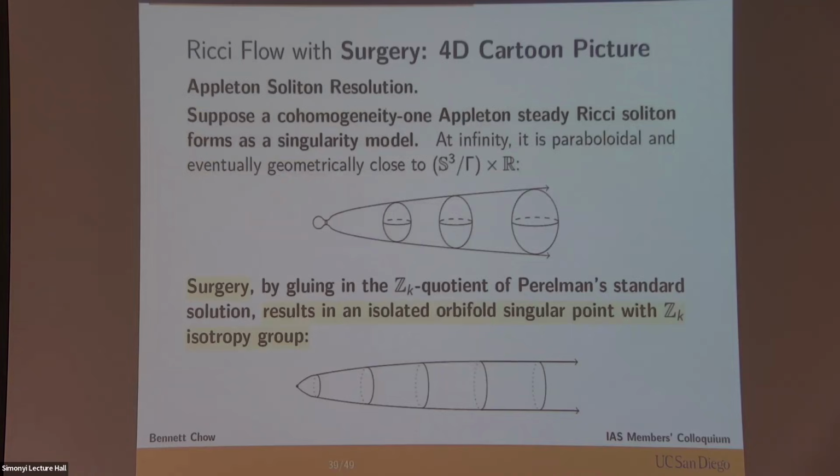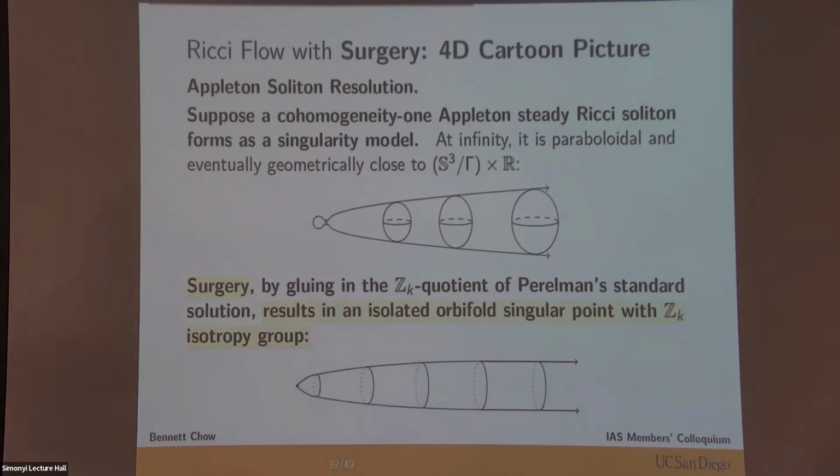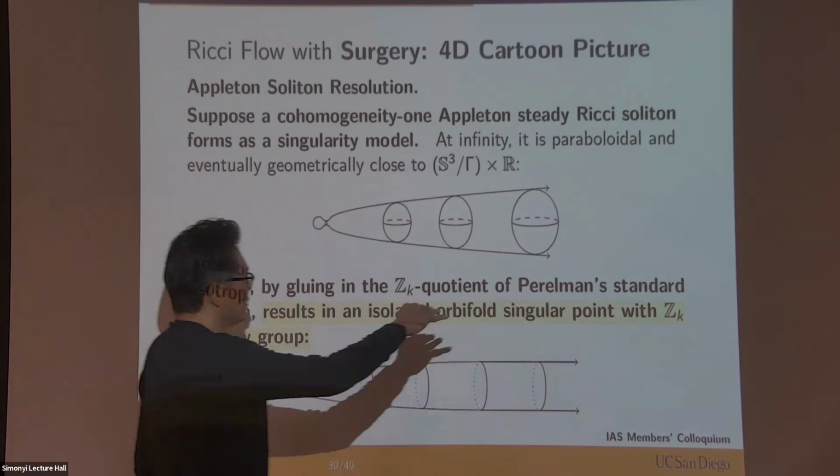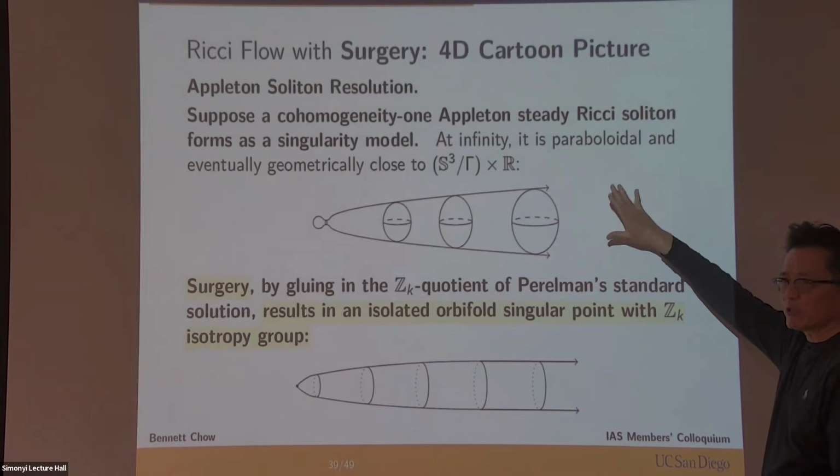And then the idea is that similar surgeries would be possible for Appleton solitons. This is not necessarily necessary, but for the Appleton soliton, you have curvature decaying linearly. If you wanted to imagine this picture right before the singularity time, you could just round this off toward infinity, and then the maximum curvature would drop by an arbitrarily large factor.